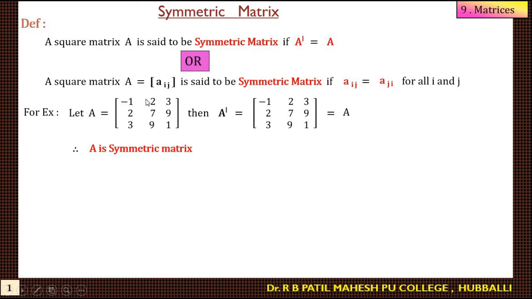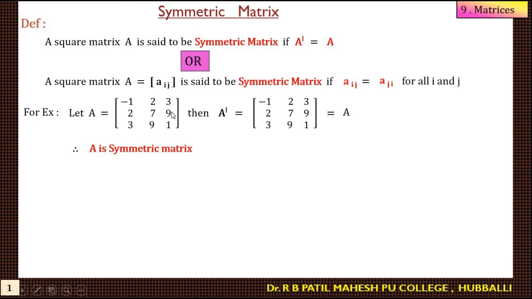Now, to construct a symmetric matrix, it is very easy. By the second definition, you can see that this is aij. The a12 position element is the number 2, and the a21 position element is the same number. And the a13 position and a31 position elements are the same.